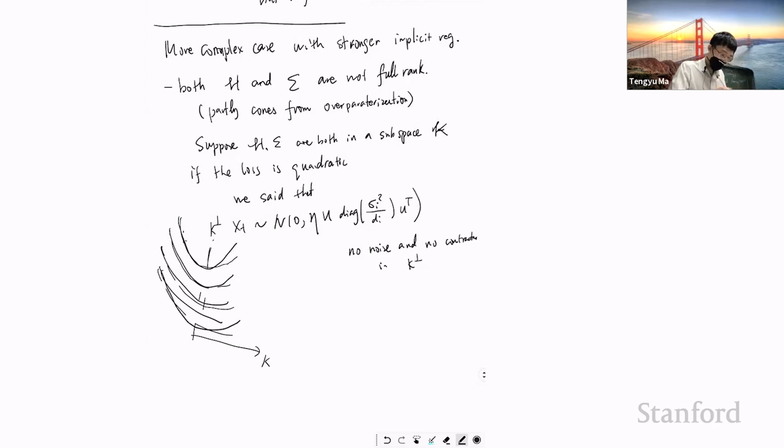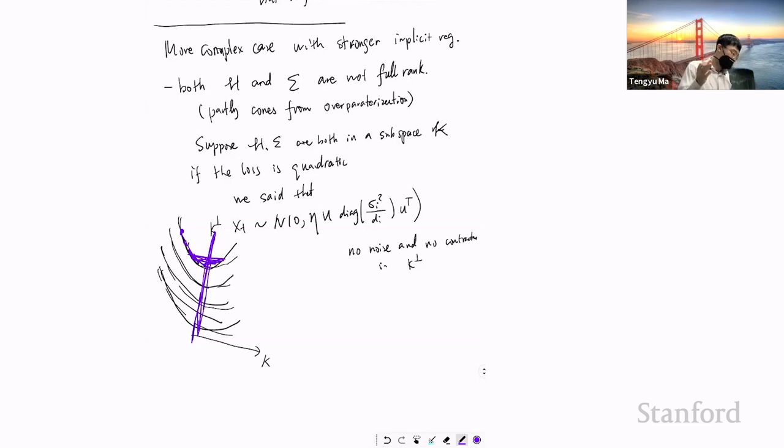This is the middle of the valley. So if you start somewhere here, everything happens in the direction of K, and nothing happens in the direction of K perp. So you're basically bouncing around in the direction of K, going here and about, but you never move in the direction of K perp. You know nothing, and you don't move at all.